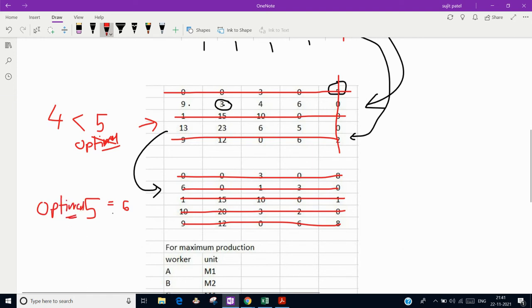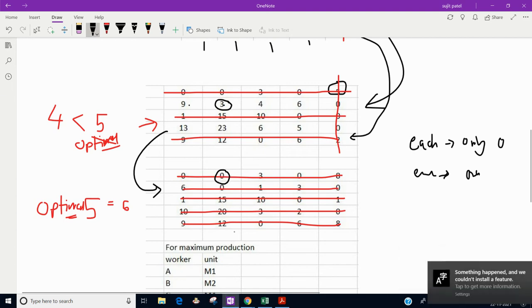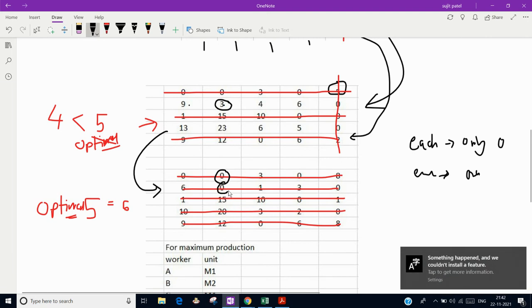Now how to assign it? Assign values in such a way that in every row there is only one 0, and in each column there is only one 0. For example, if you select this 0 as an assigned value, you cannot select this other 0 or this one.